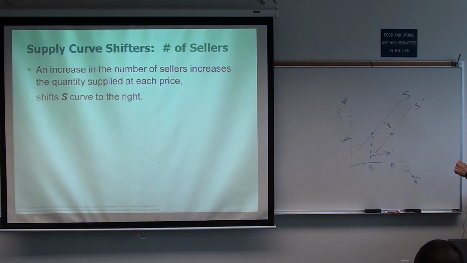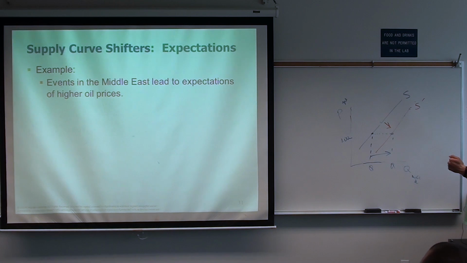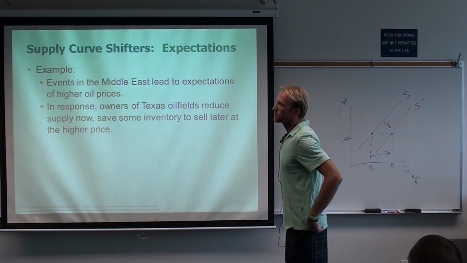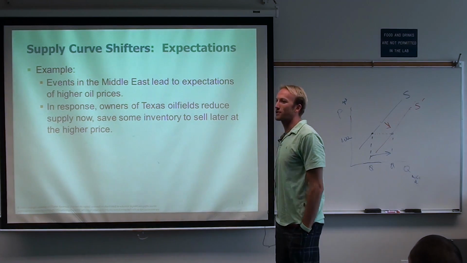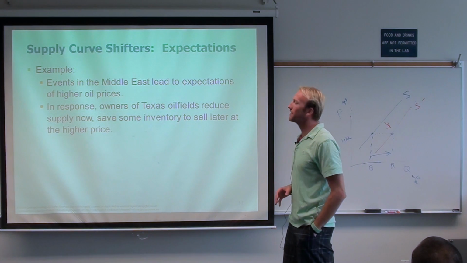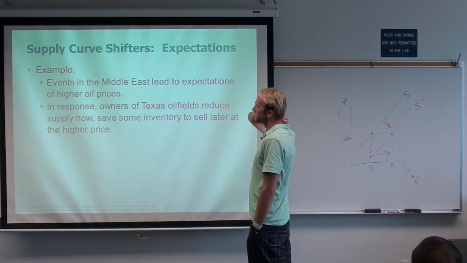Okay? So this one is very similar to the demand curve. Expectations. This was also in the demand curve. Let's say that we have a war in the Middle East, and ISIS starts attacking all these other cities, and starts taking away Kurdistan and Iraq, and turning into the Islamic State of Syria or whatever it is.